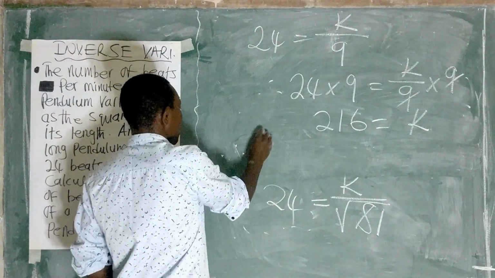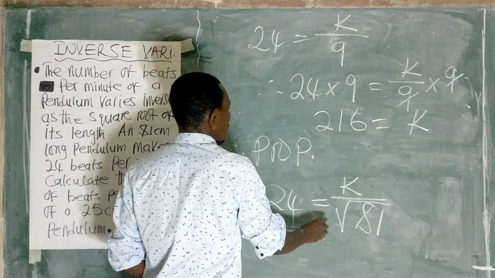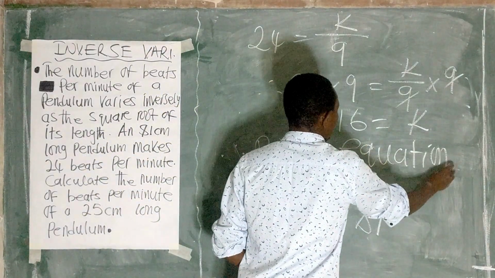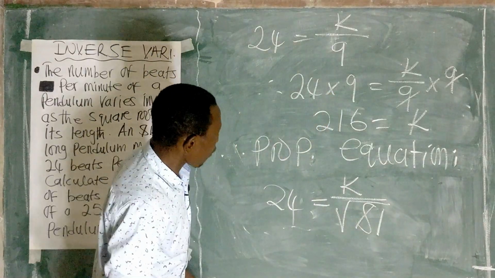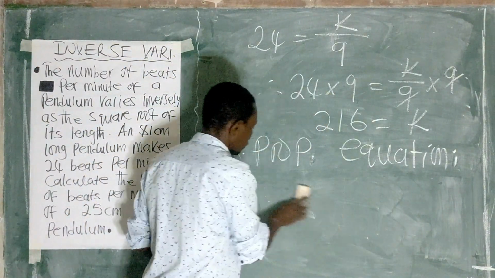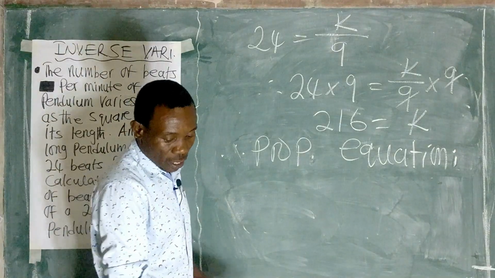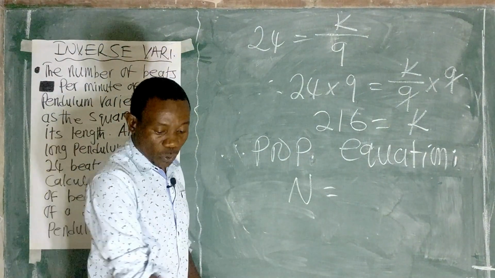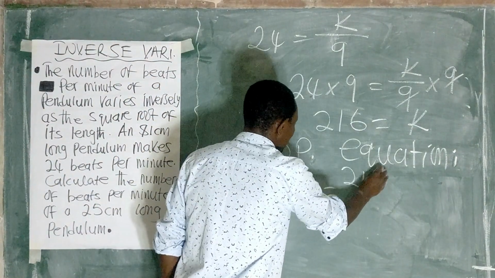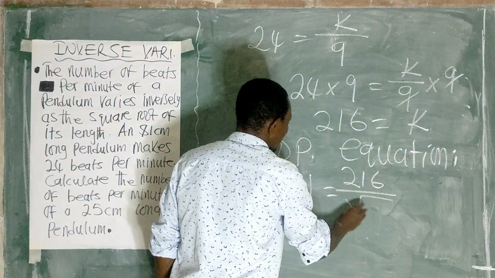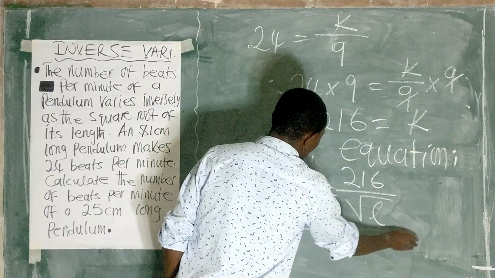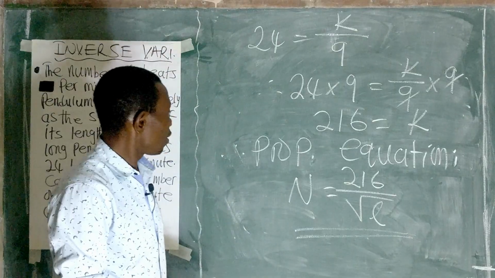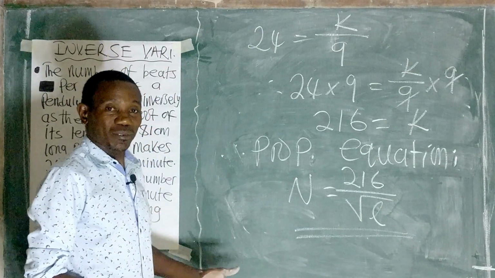Therefore, the proportionality equation will be described as follows: n, the number of beats, is equal to 216 divided by the square root of L. That is our proportionality equation. You see? Just easy.